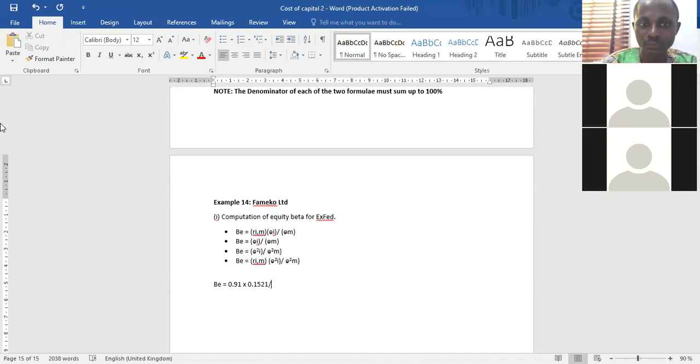That's what we have as RI,M, the correlation of XFed with the market. So I will divide it by the standard deviation of the market, which is 0.1875. This will give me my beta.